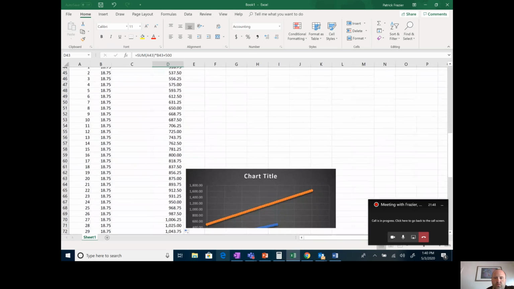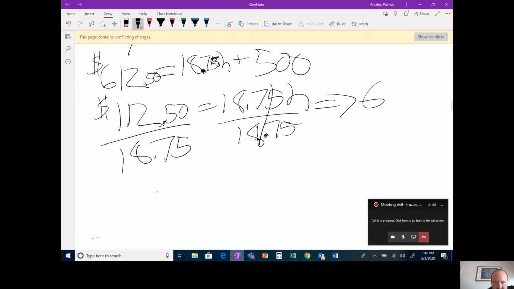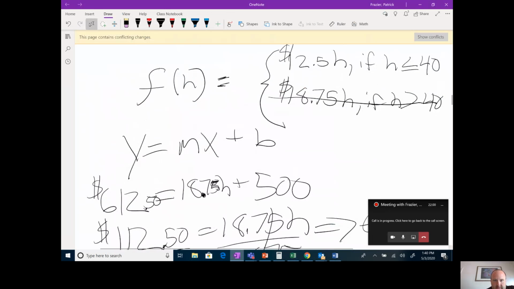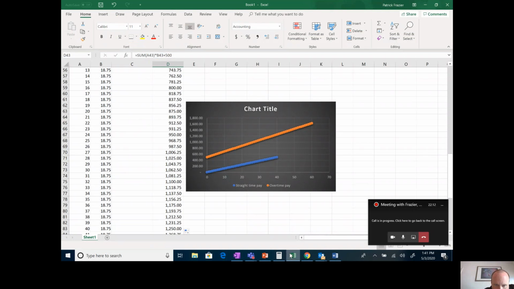And then the graph is more accurate too. And you see that just like we were talking about the idea that the $500 was the y-intercept, as in y equals mx plus b, and b was the $500. You also see that concept mirrored on our graph right over here.